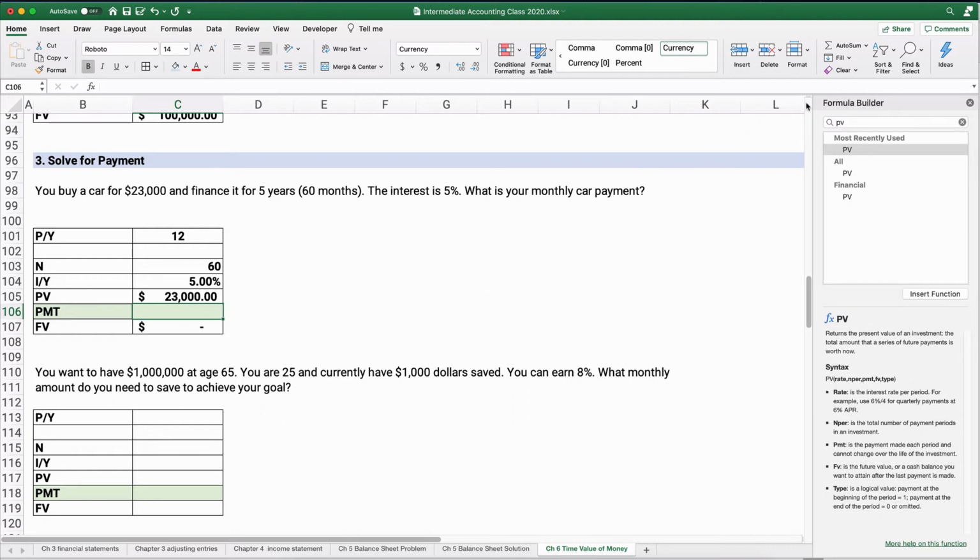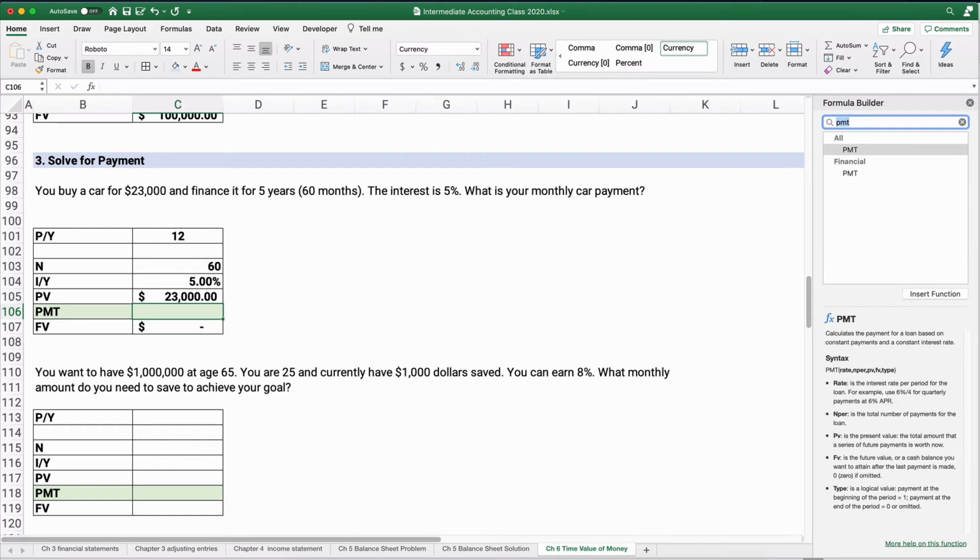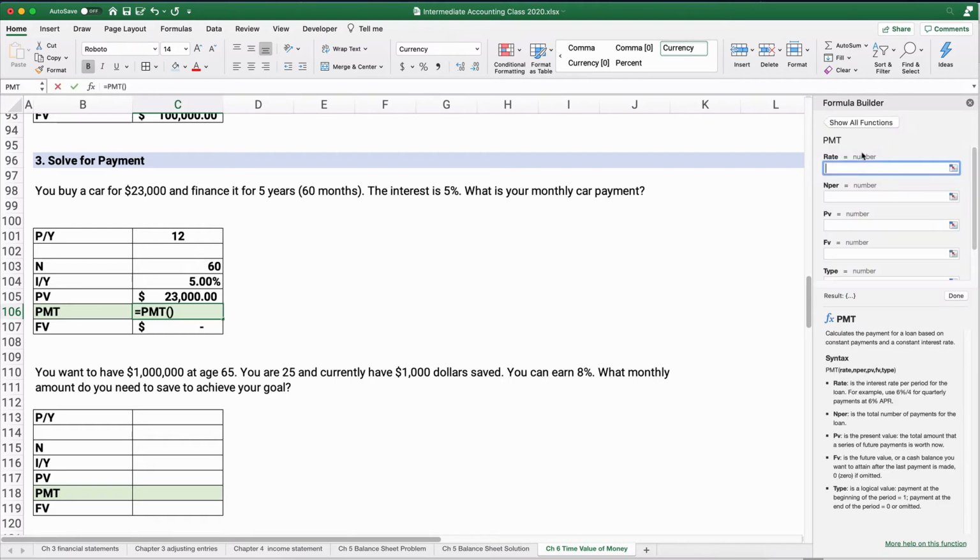Now this is the function called PMT. So we're going to search for PMT. Our payment is the rate divided by the 12. The number of periods is going to be the 60. The present value is $23,000. The future value is going to be 0.